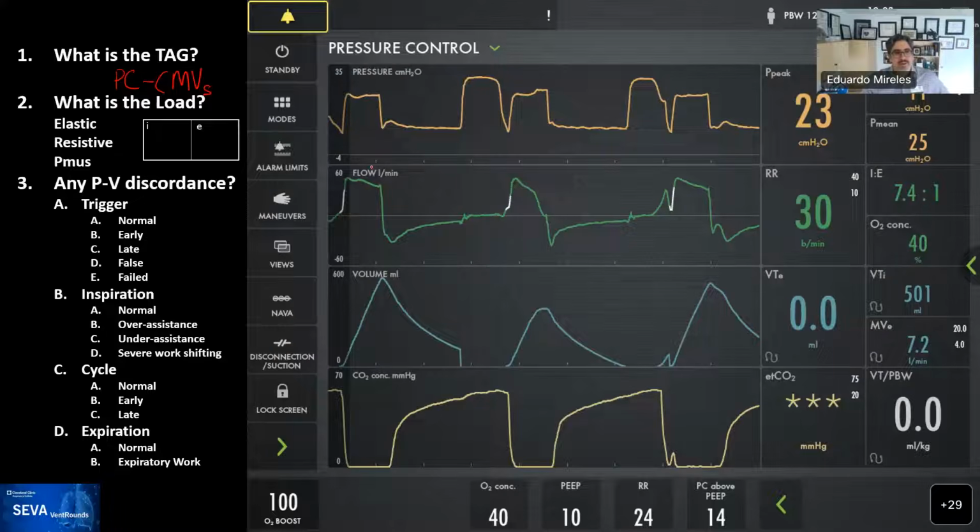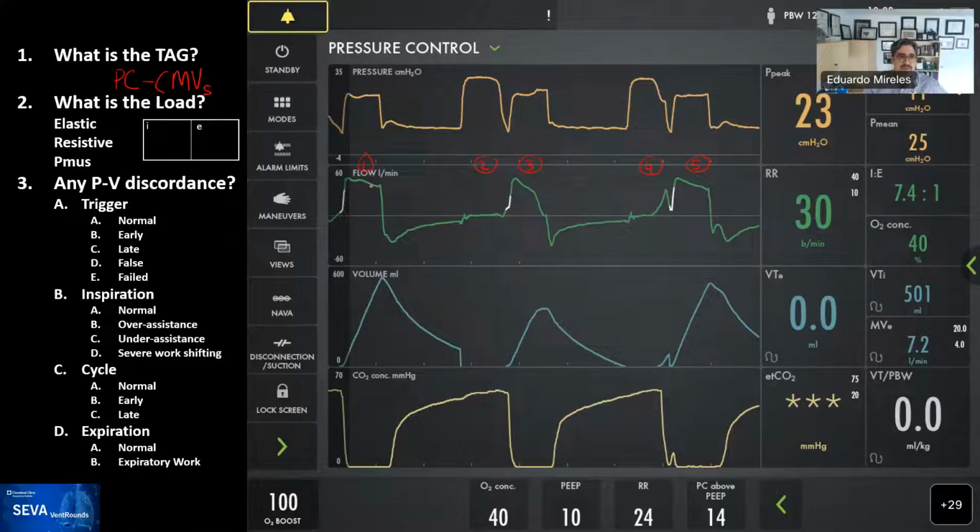I'm going to number them here just for the sake of our understanding, so that we're all aligned. I'm going to put numbers on each one of these breaths. So you have 1, 2, 3, 4, 5 mechanical inspirations during this event.